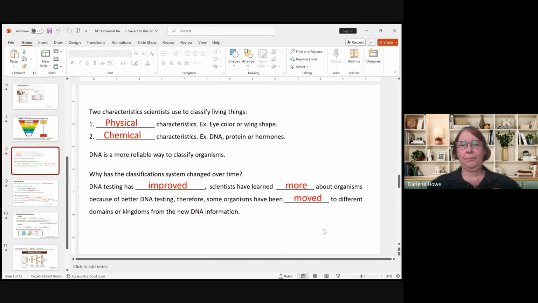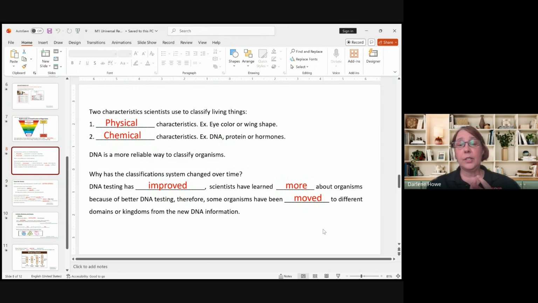Okay. So, 2 characteristics scientists use to classify living things: physical characteristics and chemical characteristics. Physical characteristics are things that you can see. Sometimes you can't see them. Sometimes we talk about the skeleton, the bones, things like that. You can't see that, but that is a physical feature of that animal.